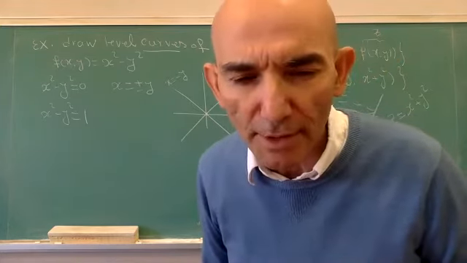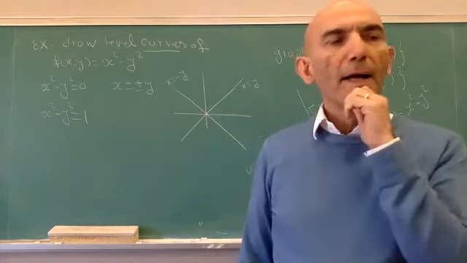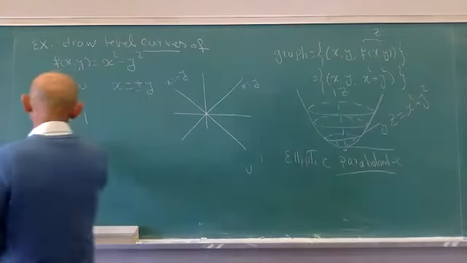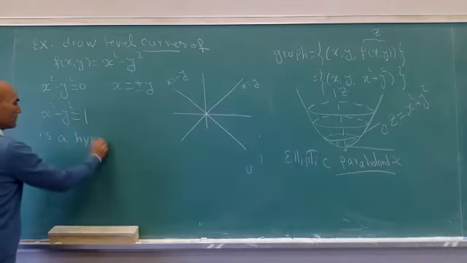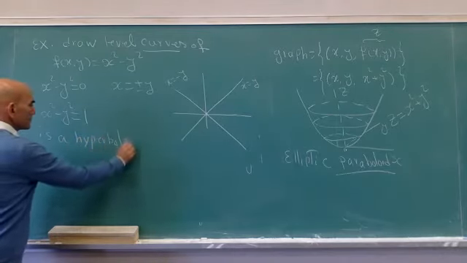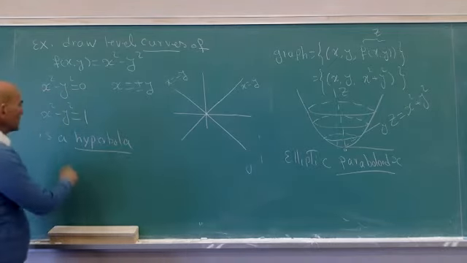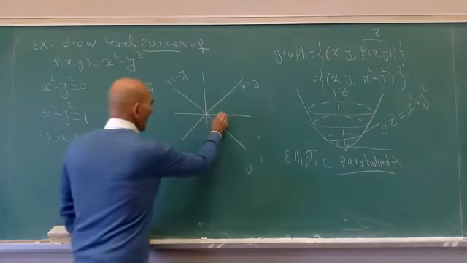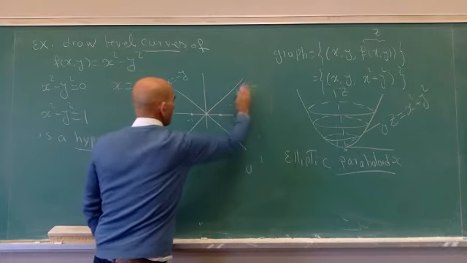Yes, that's correct. It's a hyperbola, right? And if you want to draw this, you notice that if y is equal to 0, x is plus minus 1. So it means that it's passing through plus 1, minus 1.